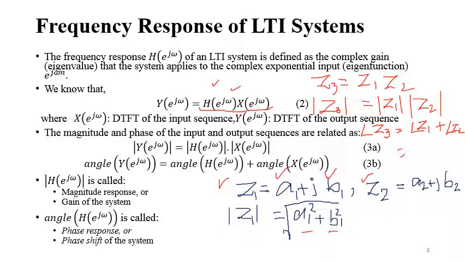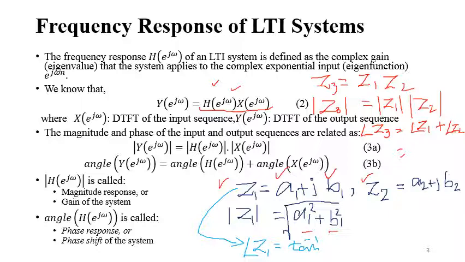So the angle of z1 is equal to tangent inverse of imaginary over real. What is imaginary here? That is b1.